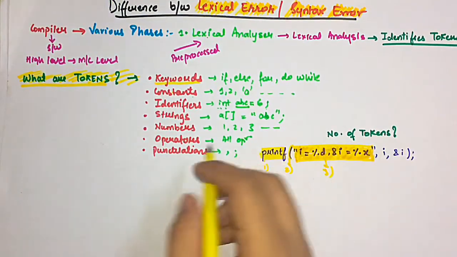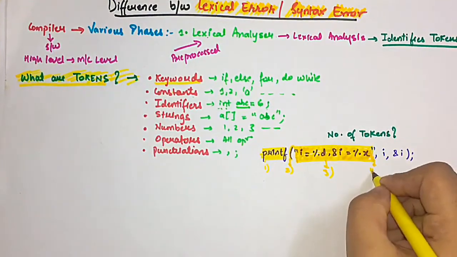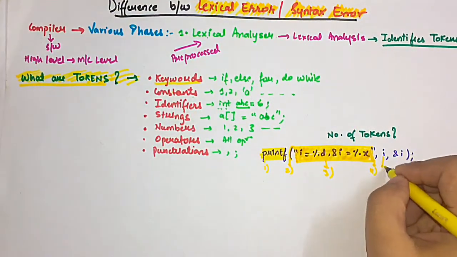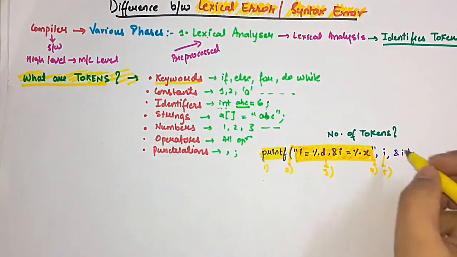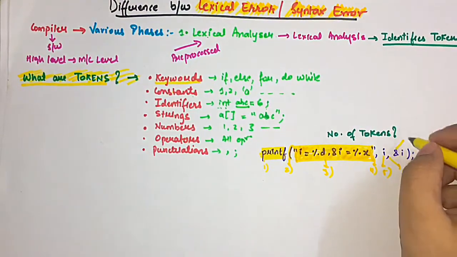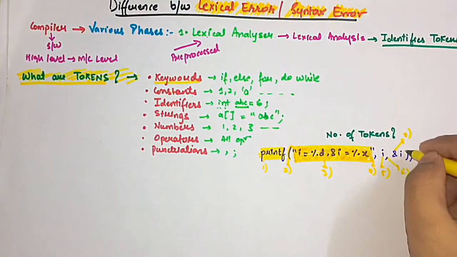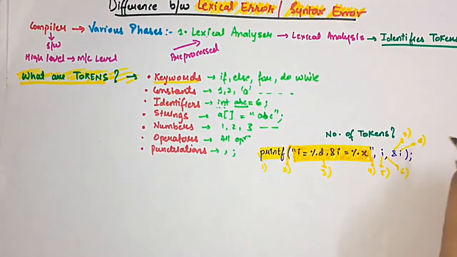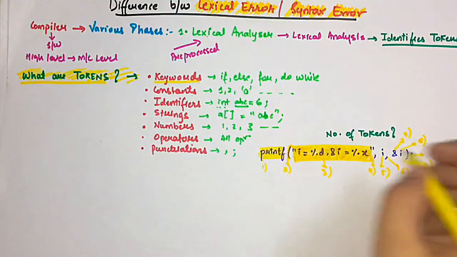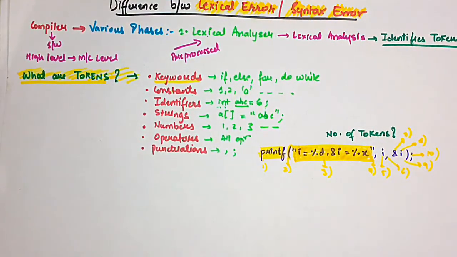Now comma is a punctuation. 4, i, it's an identifier. 5, comma again, 6, and it's an operator. 7, i, identifier. 8, operator. 9, and semicolon, punctuation. 10. So there are a total of 10 tokens in this statement.